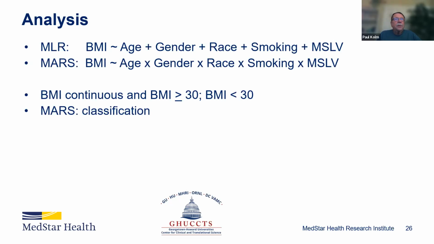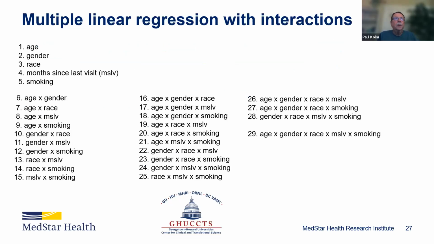So in terms of the analysis, if we wanted to do linear regression with all possible interactions, we would have to have a model with 29 terms in it. We would have the main effects, all the 2-way interactions, all of the 3-way interactions, the 4-way interactions, and then finally 1 5-way interaction.